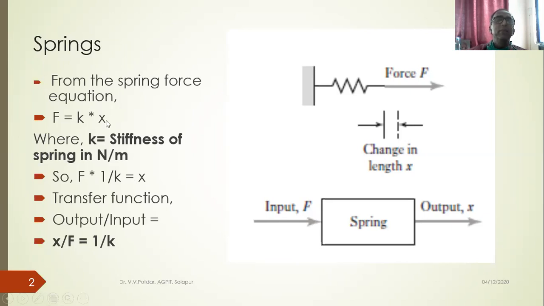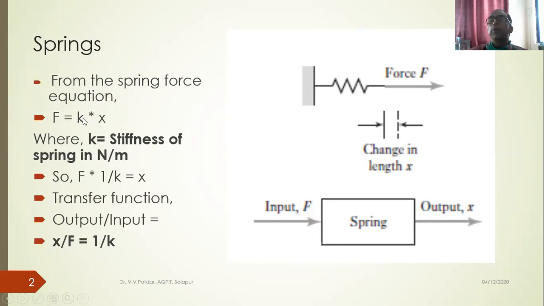Only see here, this will be simpler. F is equal to K into X, right? So I want to find out what should be the stiffness of the spring K. So F upon X will be K, right? What I said, I want a displacement of 10 millimeter when I apply a force of 10 Newton. So 10 Newton upon 10 millimeter is 1 Newton per millimeter.